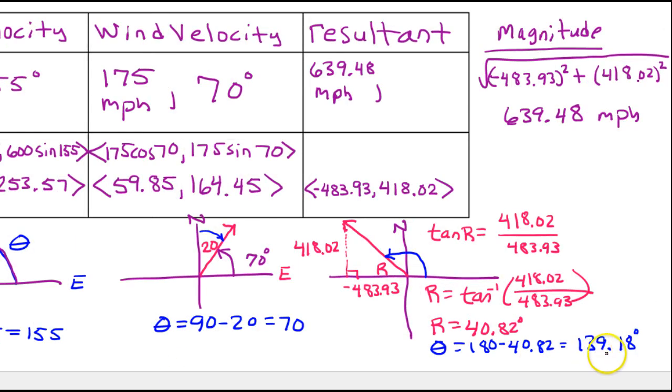And that's 139.18 degrees. And that's what we will record on the chart. The direction of the resultant speed, the resultant velocity is 139.18 degrees.